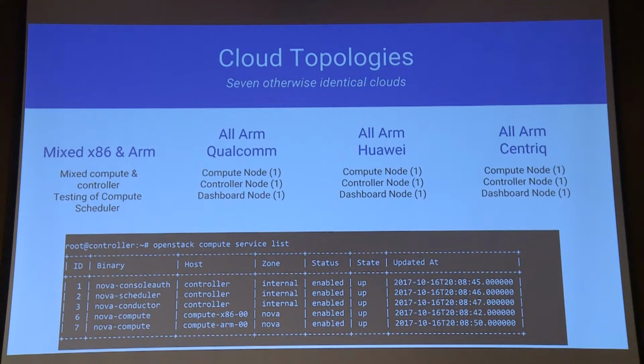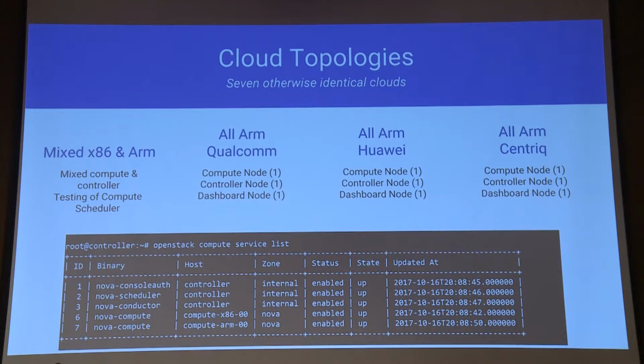So here's the output of just running a typical OpenStack compute service list. We can see that all of the services are running. And in this instance, we actually have 2 compute servers running. One is an x86, and one is an ARM-based compute server. The ARM processor is not binary compatible with x86.